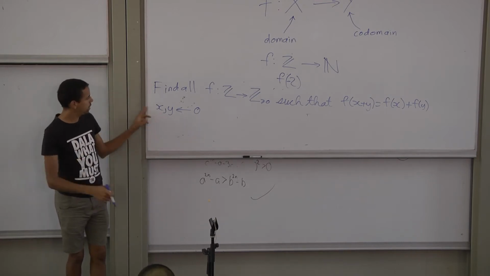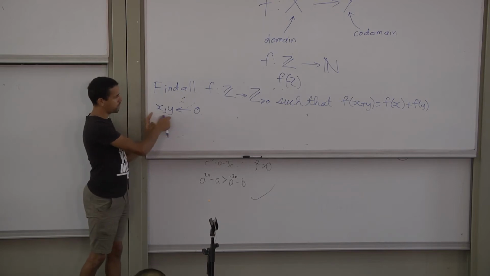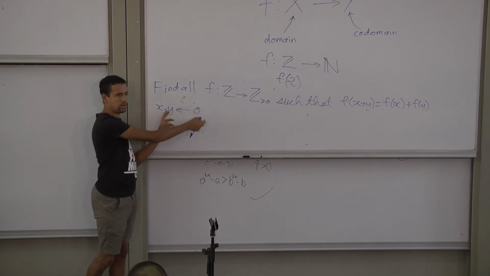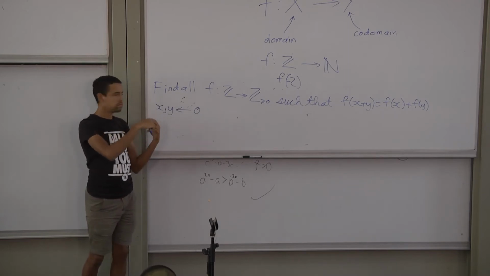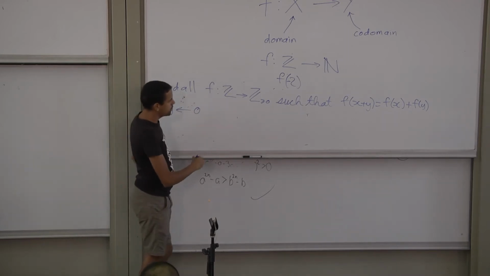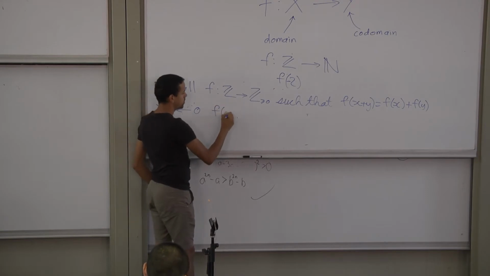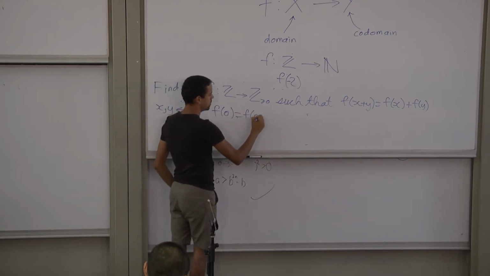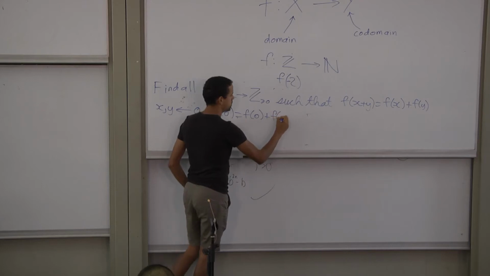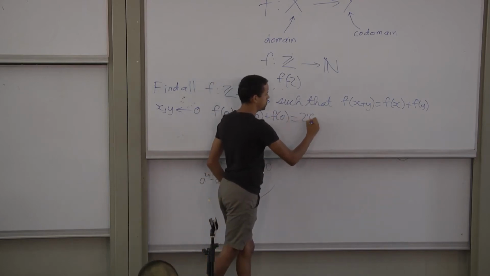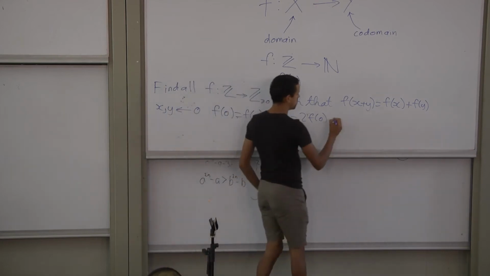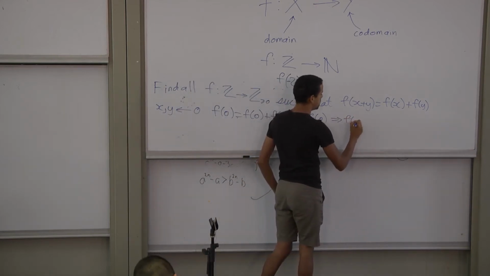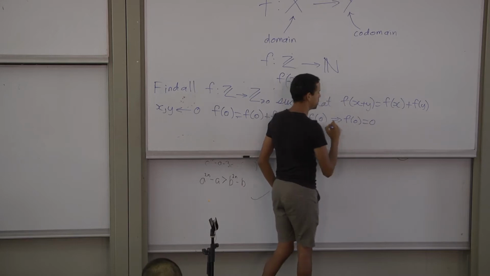I usually write the variables x and y and then a back arrow to indicate what I'm putting into them. Anyway, if we put x and y both equal to 0, we get f of 0 is f of 0 plus f of 0, which is 2f of 0. And that tells us that f of 0 is 0.